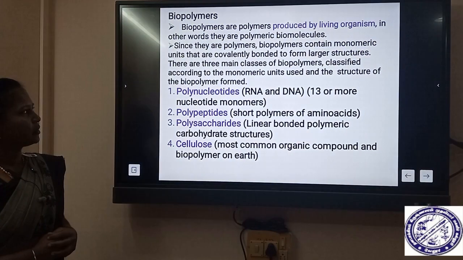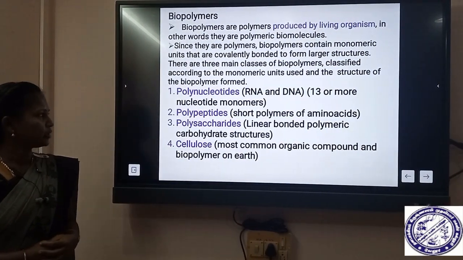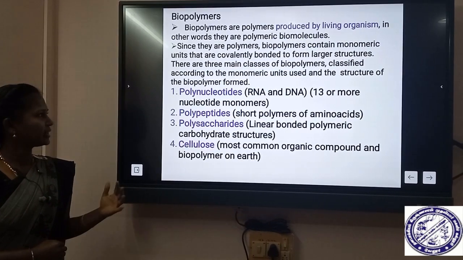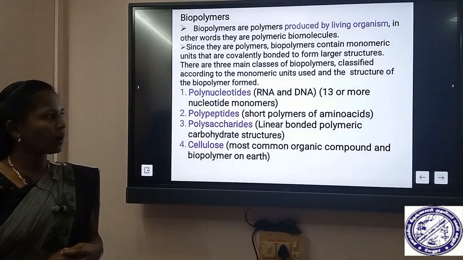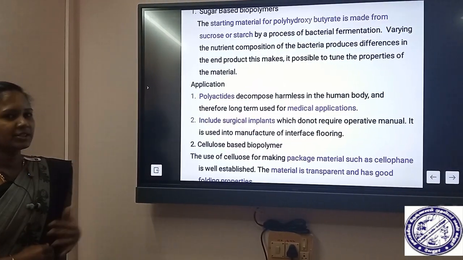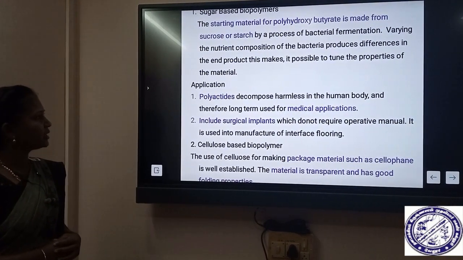Based on their monomeric units, biopolymers are classified into polynucleotides, polypeptides, polysaccharides and cellulose. For example, polynucleotides are RNA and DNA. In addition to that, biopolymers are classified into sugar-based biopolymers.